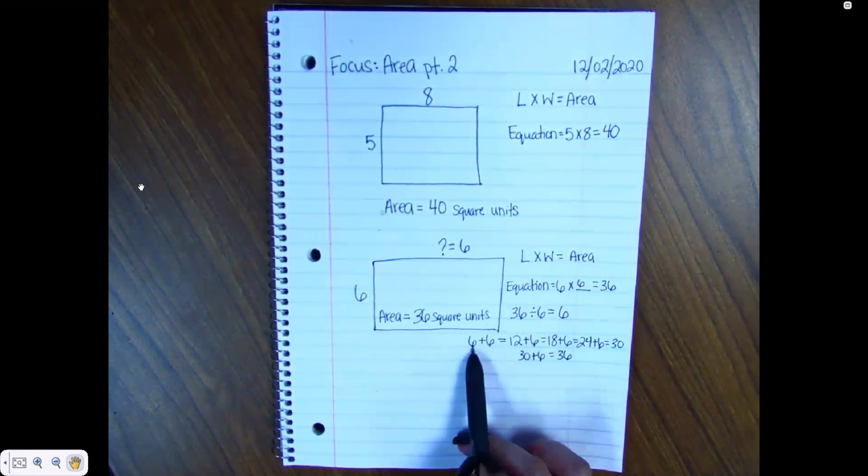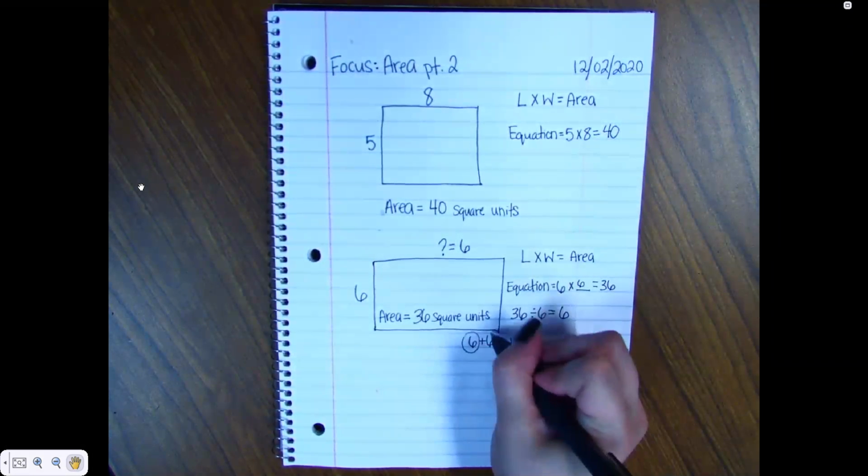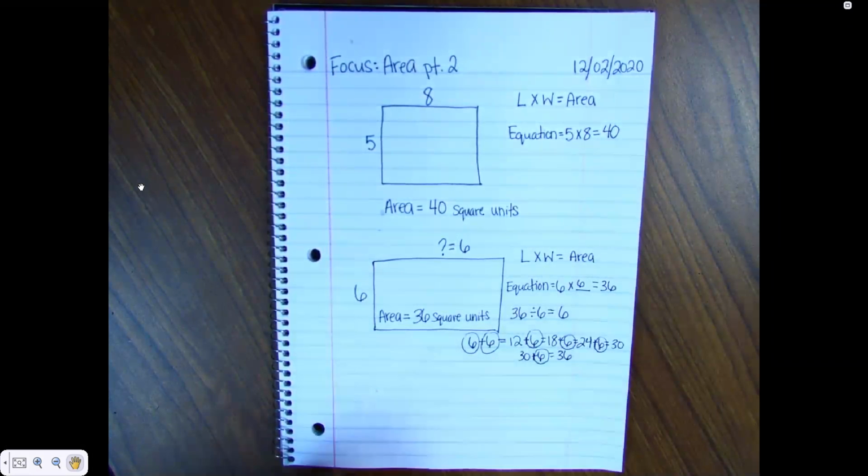So then I would count 1, 2, 3, 4, 5, 6. I had 6 sixes.